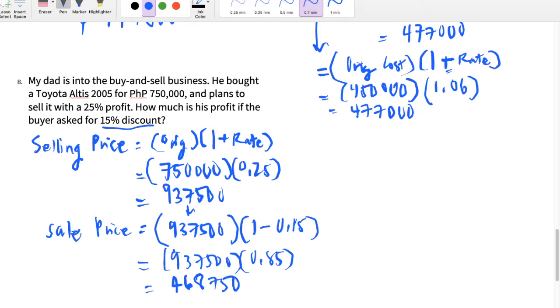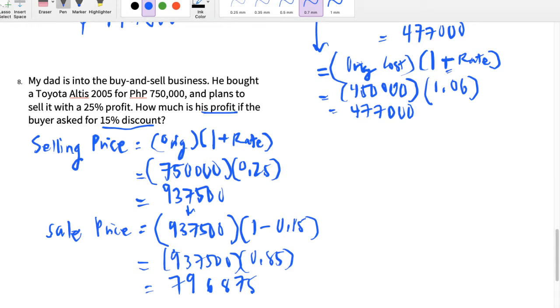If you multiply this, you should get 796,875. So, one way to check is dapat medyo mas malaki to kaysa sa original price kasi dapat may profit siya. Okay? So, here, how do you get the profit? Profit yung tinatanong.